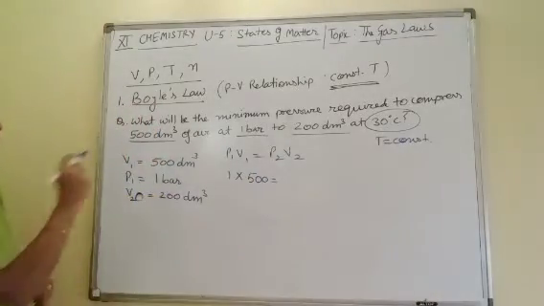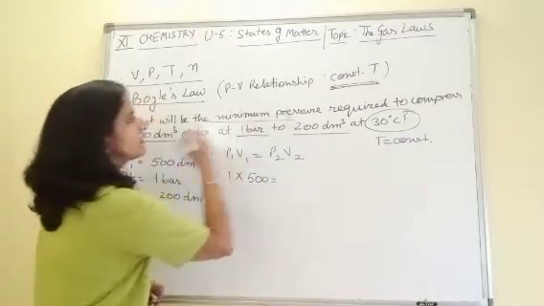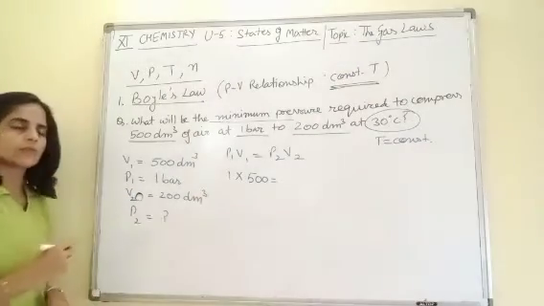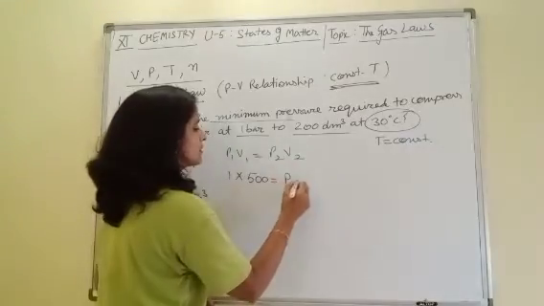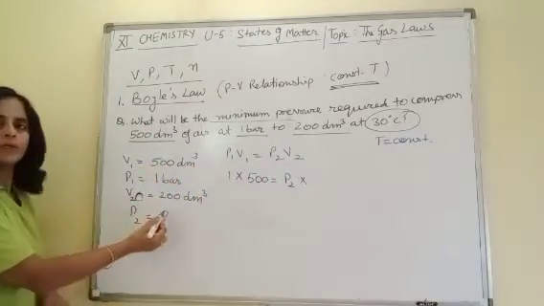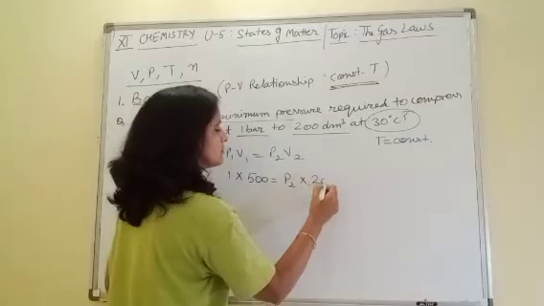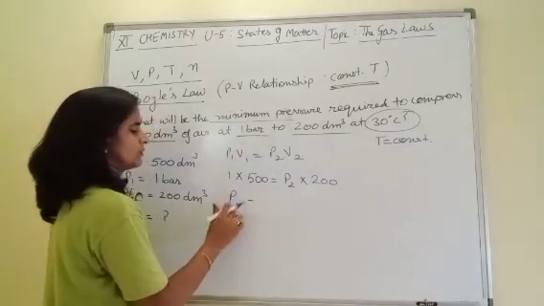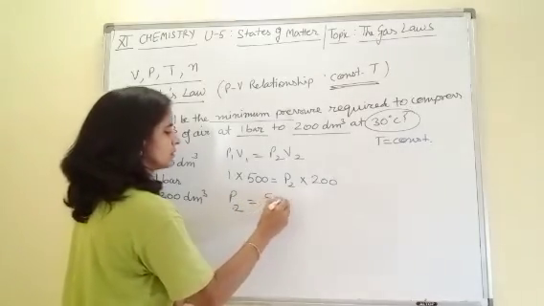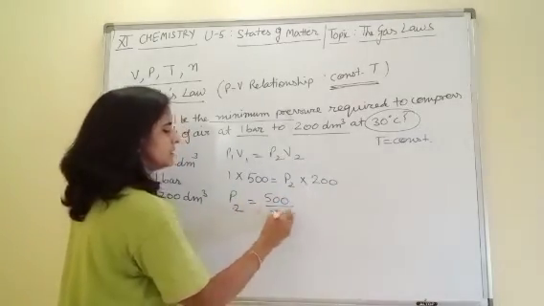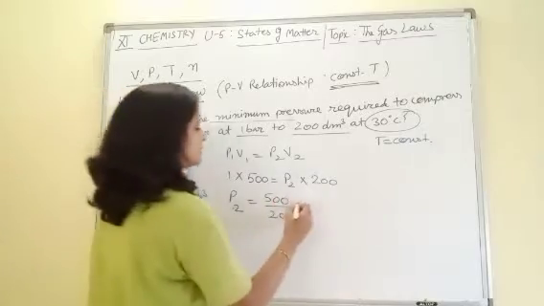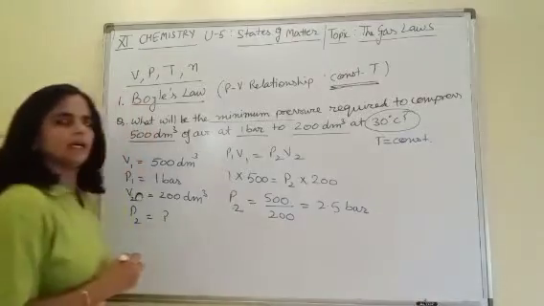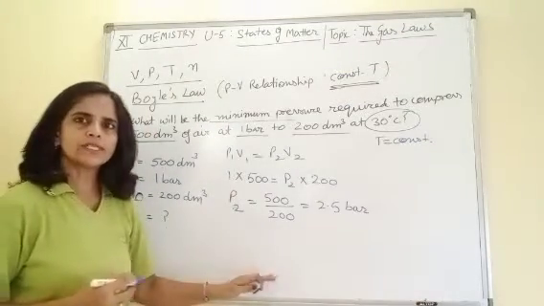Final pressure, that we need to find, so P2 we have to find, into V2, 200 decimeter cube. So the answer for P2 will be 500 divided by 200, that will come 2.5 bar. Easy to decide.